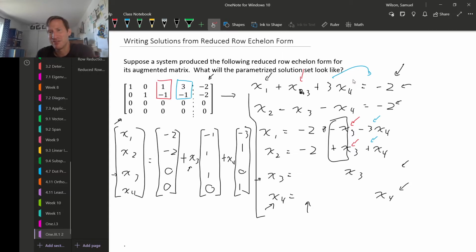You write out the equations, move the free terms to the right, and then translate back to vectors. So really, we can cut out the middleman here, because all we need to do is take the equations that have pivots in them. Remember these leading ones, these are pivots, and these correspond to non-free variables.